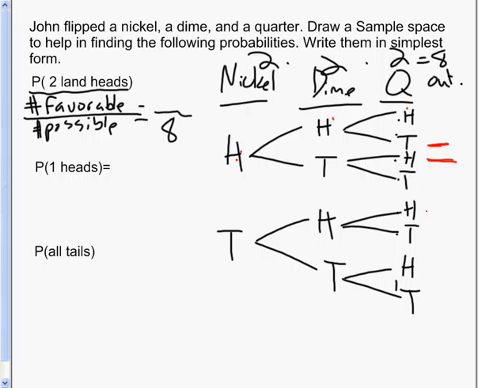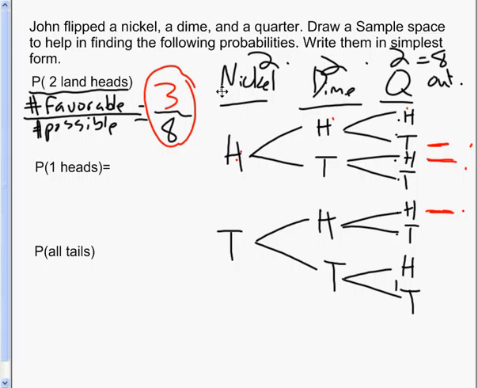Tails, heads, heads will work though. You see I'm going down my branches on the far right. Tails, heads, tails. Nope, that's only 1 head. Tails, tails, heads. Only 1 head. And tails, tails, tails is not 2 heads. So I see I've got 1, 2, 3 red markings. So the probability is 3/8. That cannot simplify because 3 is a prime number and 3 does not go evenly into 8.